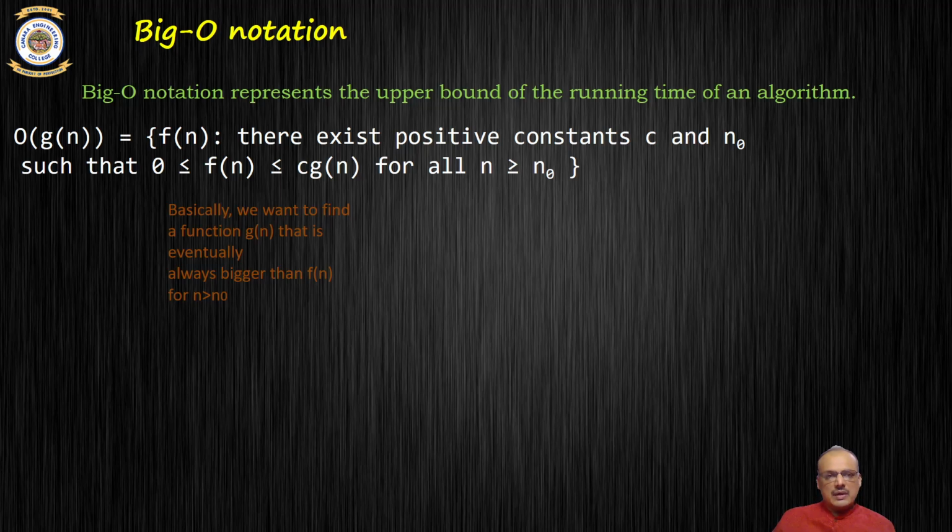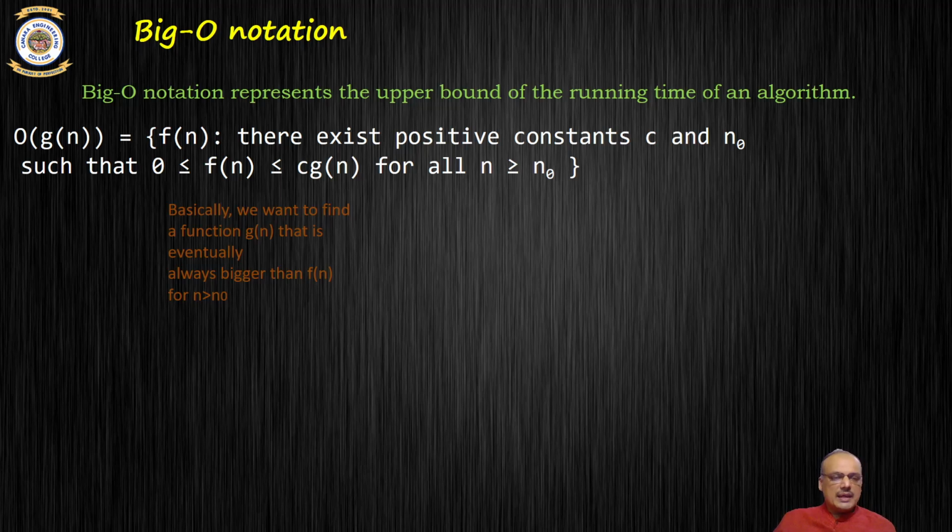Okay, so as I mentioned in my previous slide, the asymptotic notations are a comparison of the complexity of the given algorithm with respect to the complexity of another well-known algorithm that we are aware of.